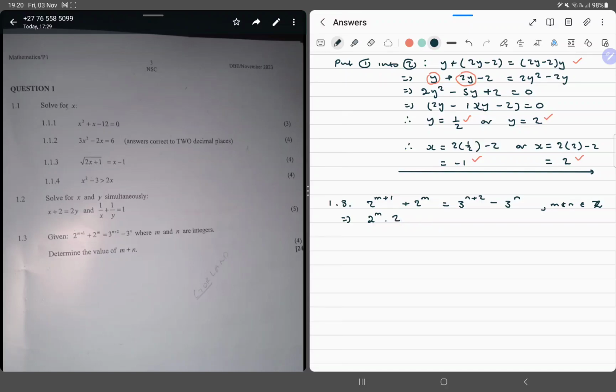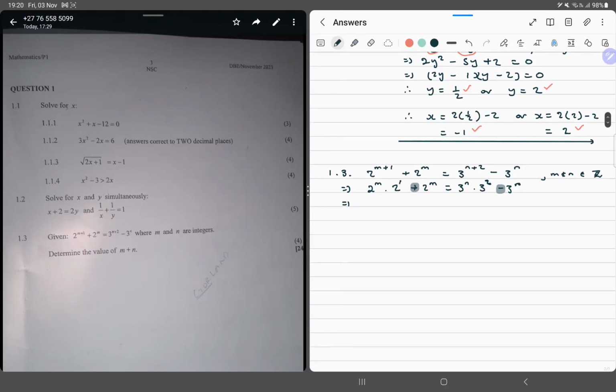This is 2 times 2, okay? Plus 2 to the exponent m equals, again we break that up, 3 to the n times 3 squared. And then minus 3 to the exponent n. Nice. Now we can see that once you see terms in maths, you know that once we have terms, you are supposed to apply some kind of factorization.